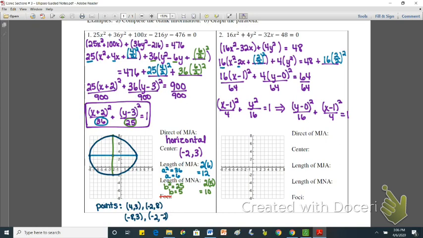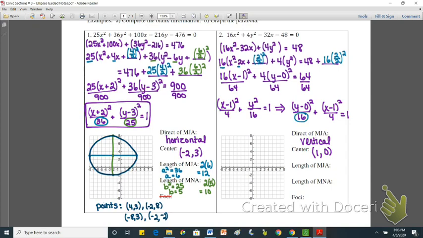Since my y coordinate is first, that means this is going to be a vertical ellipse. My center, my x coordinate, the number that goes with my x is a 1. The number that goes with my y is 0.